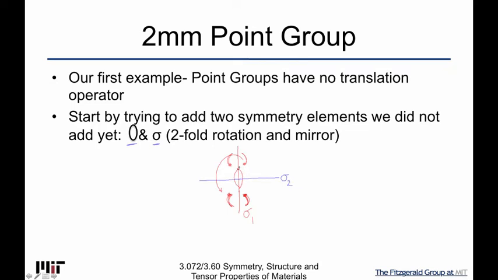We only added this twofold axis to this mirror plane. And automatically, when we just do the operations of sigma 1 and 180 degrees rotation, you end up with this extra mirror plane sigma 2. So that's kind of interesting, right?